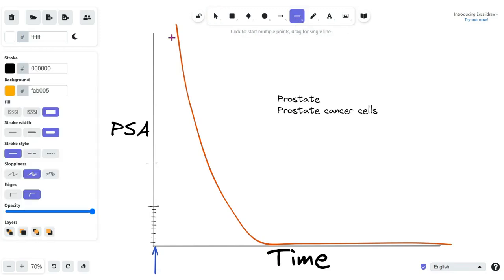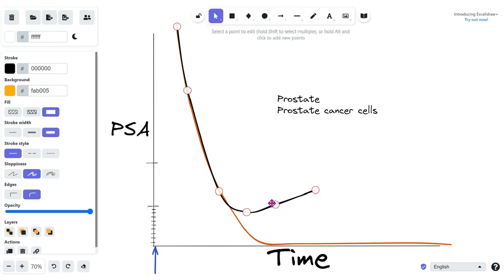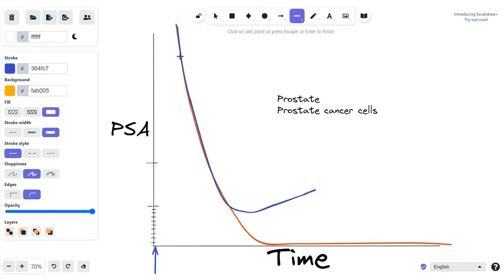Now, there's a couple alternatives. What if it drops down not to zero? That's a potential issue. That might be a scenario where radiation is suggested, or there can be a scenario where it drops down to zero for a period of time and then subsequently rises.